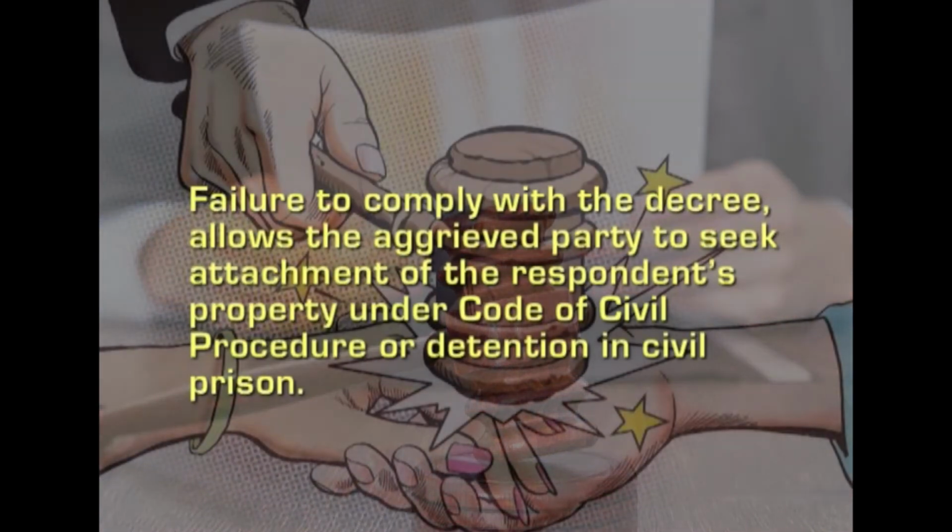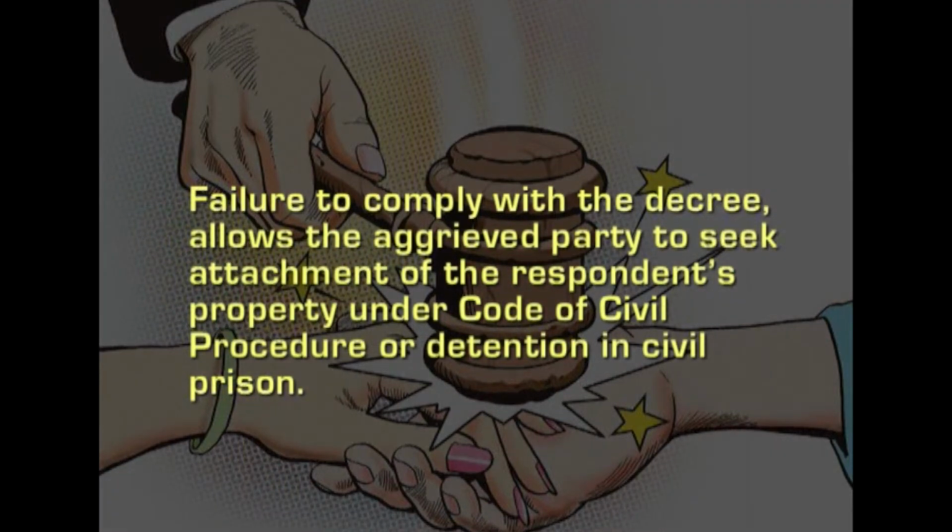Hence, failure to comply with the decree allows the aggrieved party to seek attachment of the respondent's property under the Code of Civil Procedure or detention in civil prison. In the event of non-compliance with the decree, the aggrieved party may also move a petition after 1 year from the date of passing of the decree.